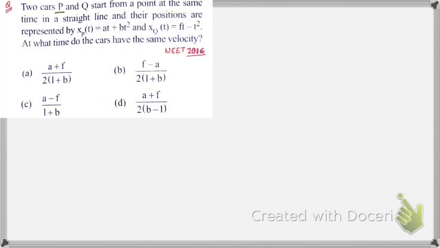Here two cars P and Q start from a point at the same time in a straight line, and their positions are respectively given by these two equations.